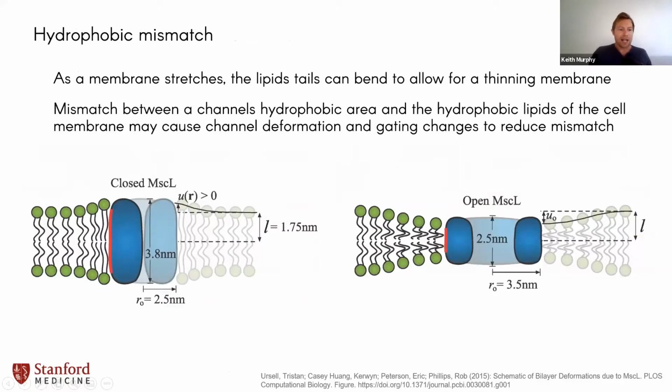Okay, so membranes, if they were pressed upon, you might imagine that the thickness of a membrane may change. If I push really hard on a cell and the cell compresses out, the membrane has to necessarily become thinner, right?